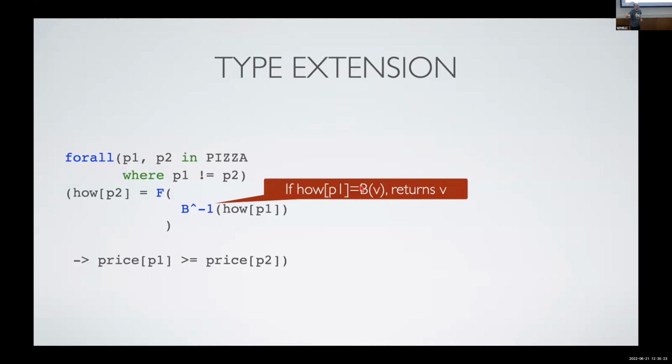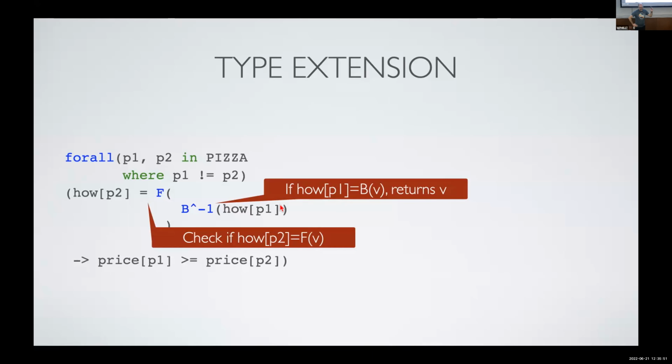It returns the voucher, but only if this expression holds, only if it's actually one of these b uses. And then f just constructs the f version of that voucher, and then we're checking whether how of P2 is equal to the f version of that voucher. So basically it means if we're using this voucher v to get P2 for free and to buy P1, then P1 has to be greater than the price of P2.